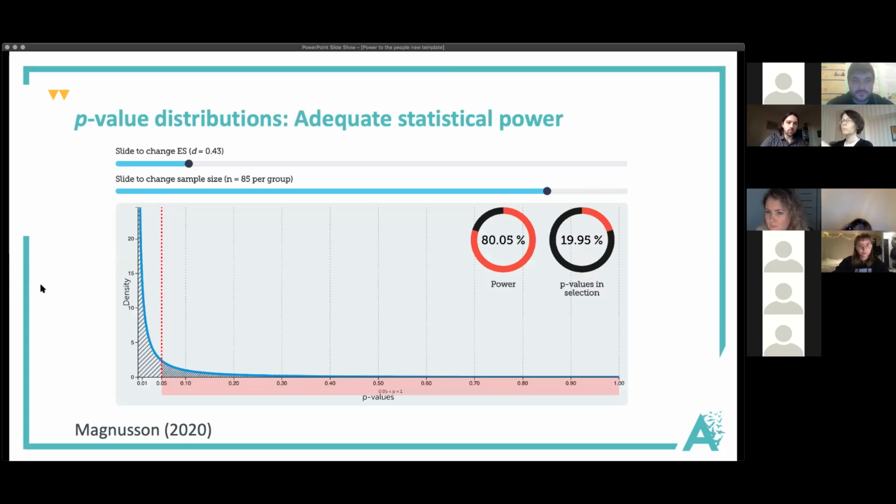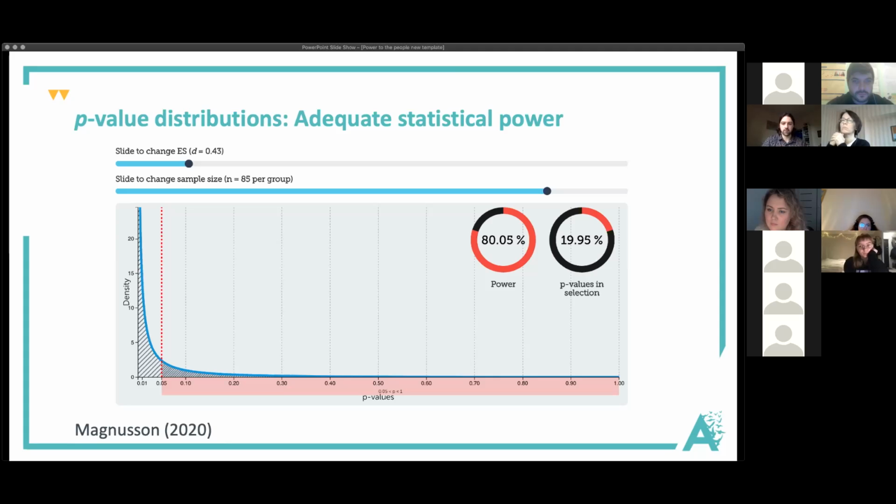Following on to the frequentist idea of where power comes from, there's a collection of visualizations. A guy called Kristoffer Magnusson has a really good collection of visualizations to do with different statistical concepts. So this is where the idea of power comes in.